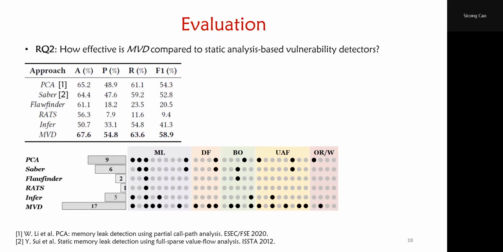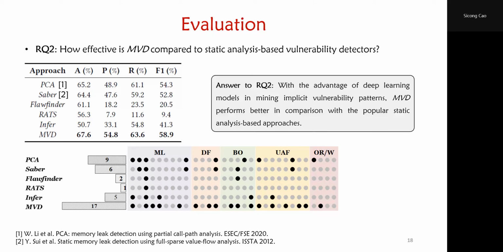We can also observe that MVD outperforms all baselines by detecting 17 out of 30 vulnerabilities, including 9 vulnerabilities that cannot be detected by baselines. Especially in comparison with the best performing baseline, PCA, our approach can detect 8 more vulnerabilities. From this, we can conclude that with the advantage of deep learning models in mining implicit vulnerability patterns, MVD performs better in comparison with the popular static analysis-based approaches.